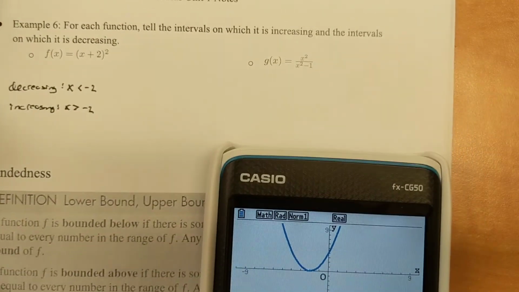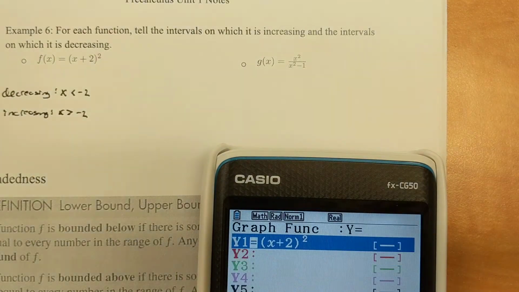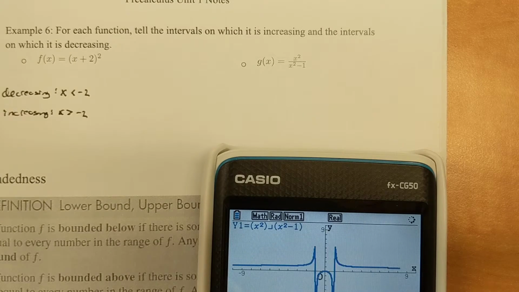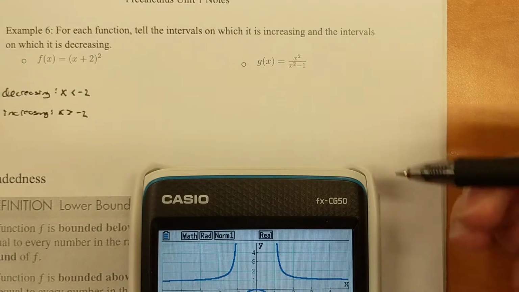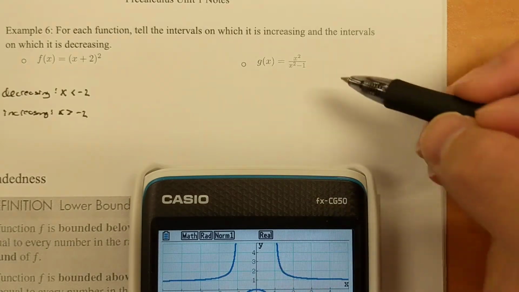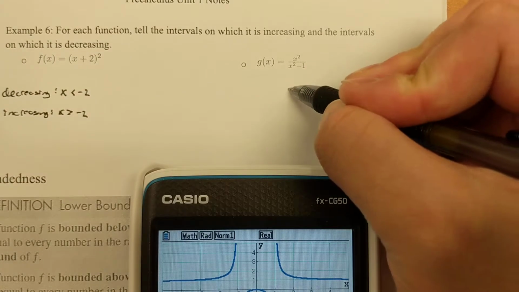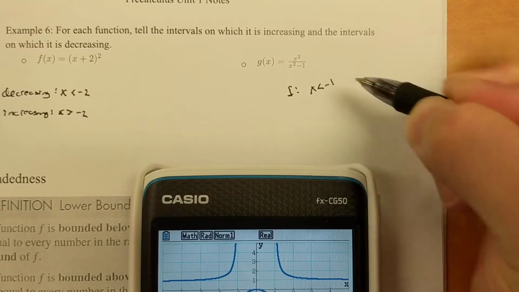All right, so the second one here, we've got x squared over x squared minus 1. So, it looks like that. Okay, so I'm going to zoom in a little bit. There it goes. That's a better picture. So as I read this graph from left to right, I have one section here that is increasing when x is less than -1.